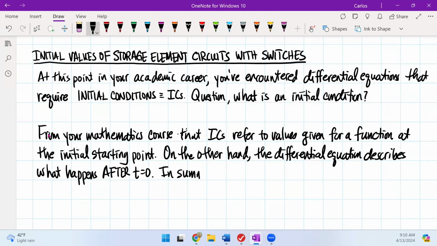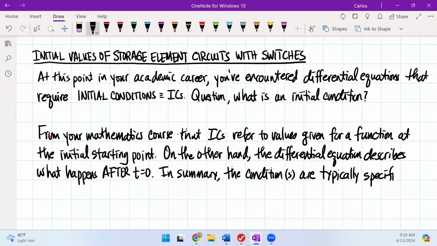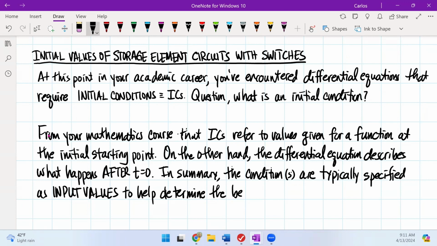In summary, the conditions for first order equations, the conditions for second order equations, are typically specified as input values to help determine the behavior and characteristics of the function.